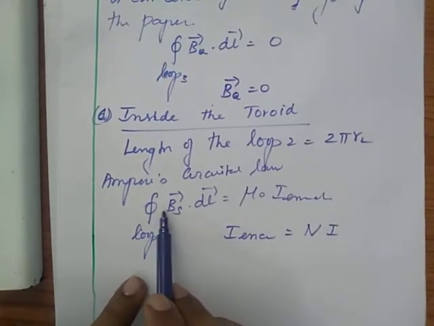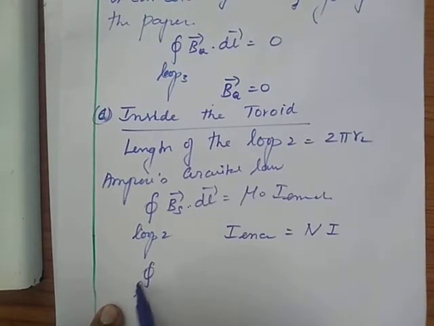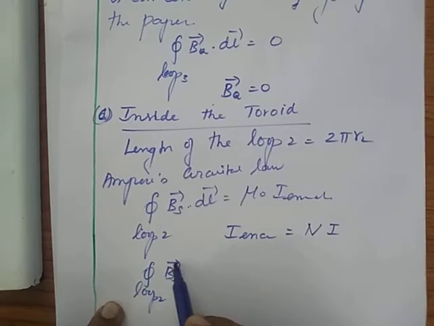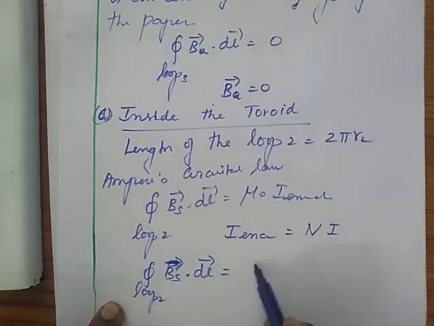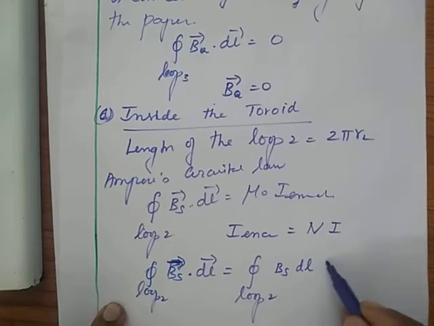Then this is a dot product of two vectors. This can be written as the closed integral of loop 2, Bs vector dot dl vector, is equal to the closed integral of loop 2, Bs dl cos theta.